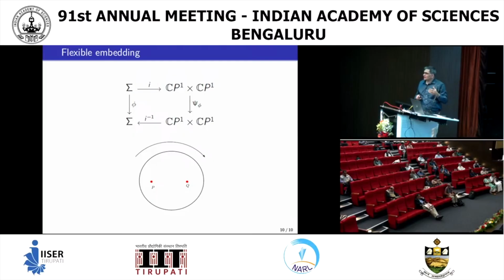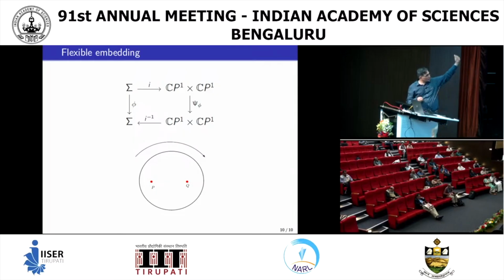A theorem of Hirose says that such embeddings of surfaces are indeed possible inside the product of two spheres, CP1 cross CP1. This is the key ingredient we use.